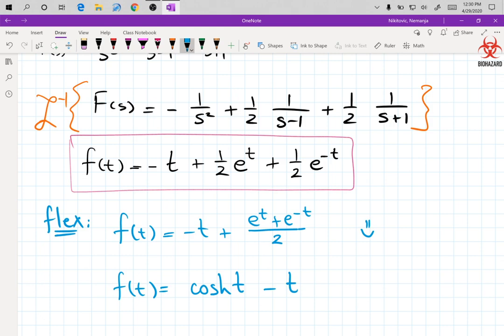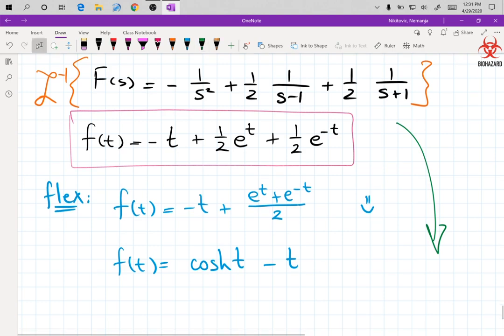Yep. Now, if you haven't seen that, over here we can have negative 1 over s squared plus 1/2 of 1 over s squared minus 1.